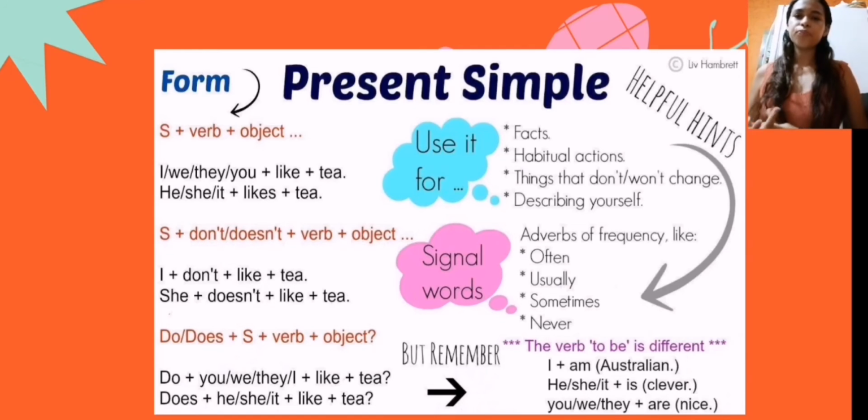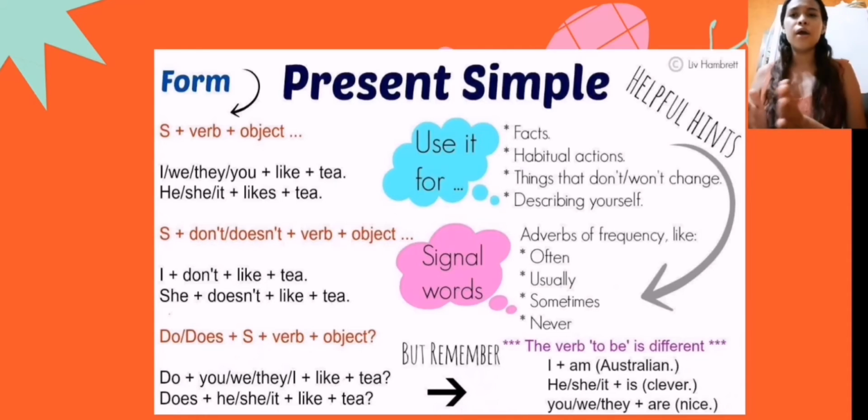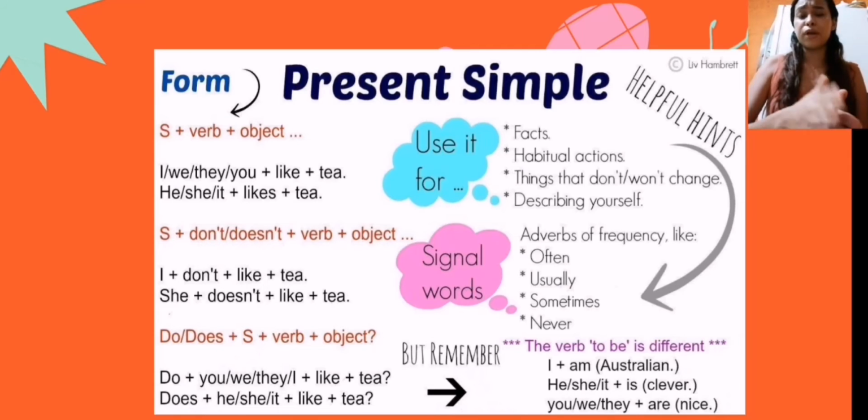Okay. Remember that the verb to be is different. We have the structure, the pronoun of subject. In this case, for example, I am Australian. Okay. As I said, the structure is different for the verb to be and for the other verbs.